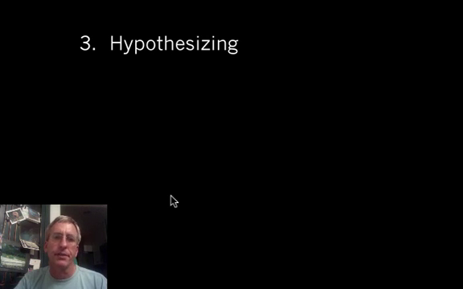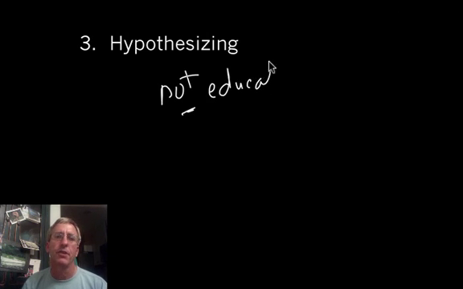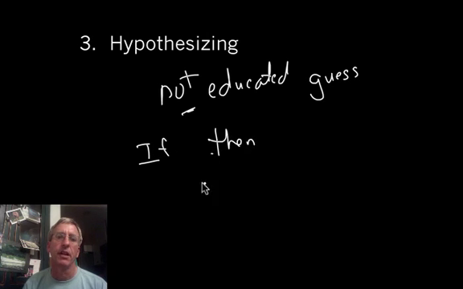Our hypothesis. A hypothesis is not an educated guess. Try to get that definition out of your head. It's a little bit more to a hypothesis than that. It should be that if-then statement.